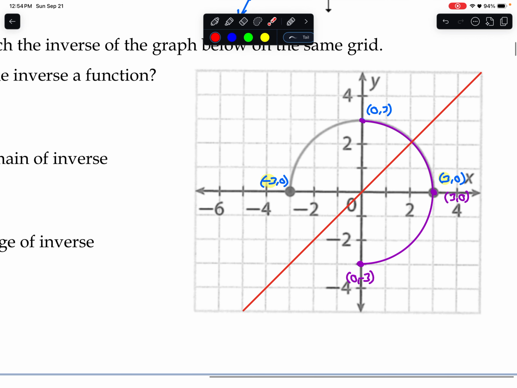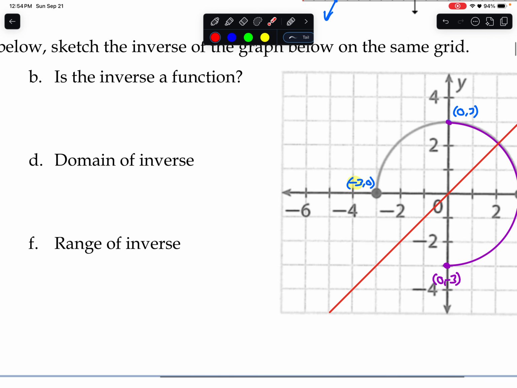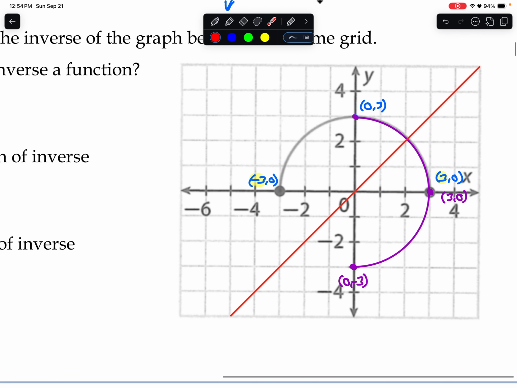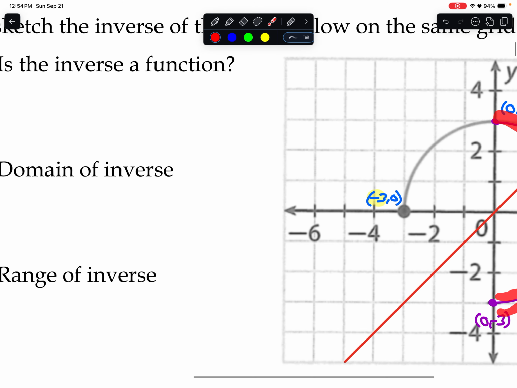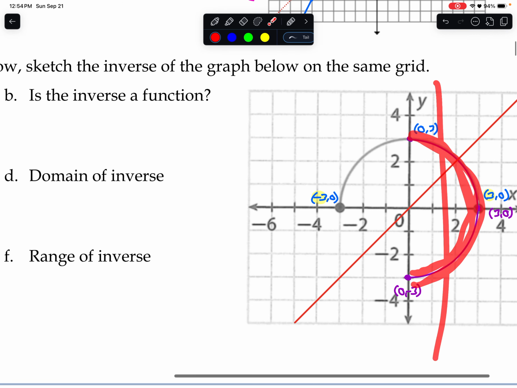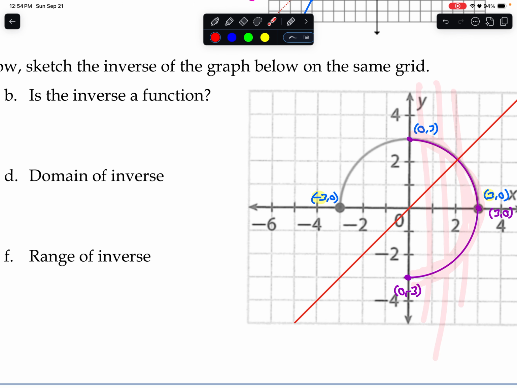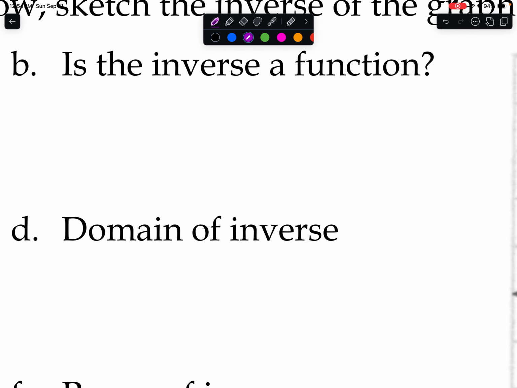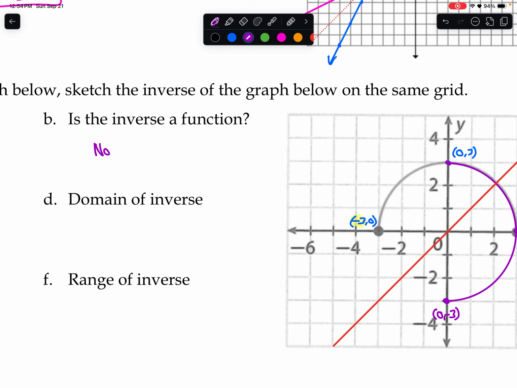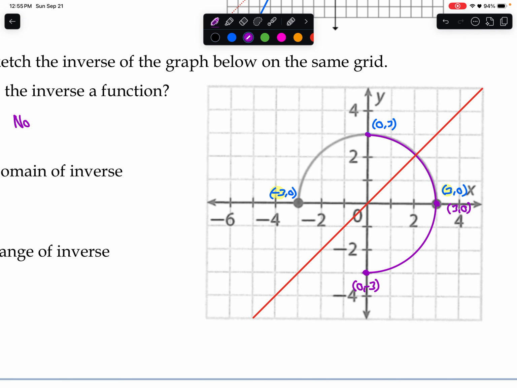So now we're going to look at the inverse. So if I look at the inverse, we're looking at this purple right-sided semicircle. So what I want to focus on first is, is the inverse going to be a function? Well, no. It fails a vertical line test pretty badly. So, no. My favorite answer to any math question. Now we want to look at the domain of the inverse.